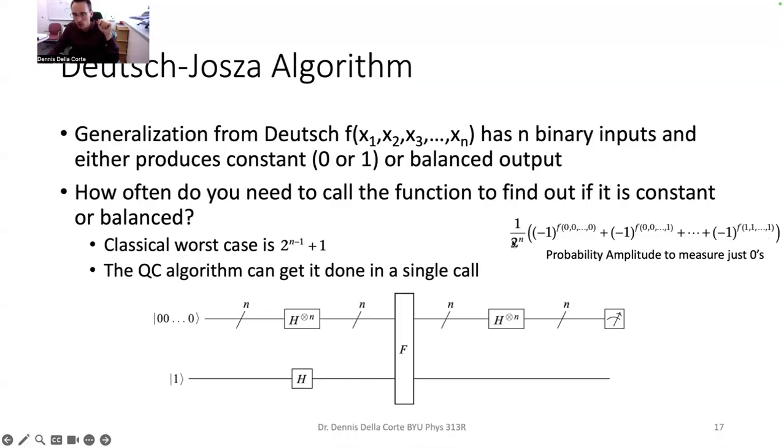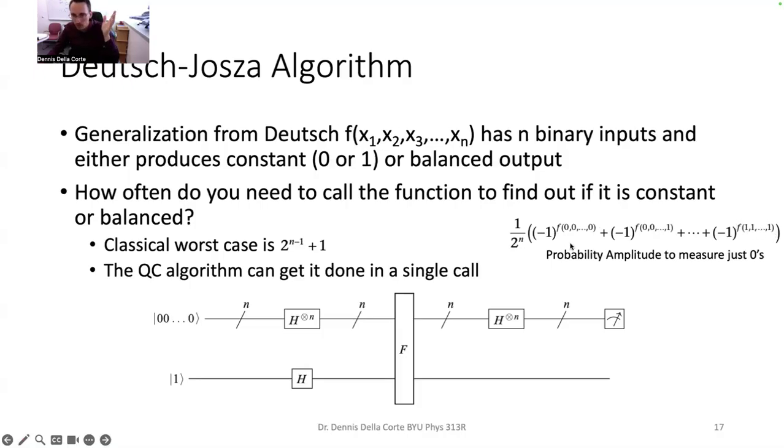You have 1 over 2 to the power n, where n is the number of inputs, and then you have either a minus 1 raised to the power of f with the inputs, plus minus 1 to the power of f with all of the inputs, and the last bit is now turned from 0 to 1, all the way through where all of your input bits are ones.